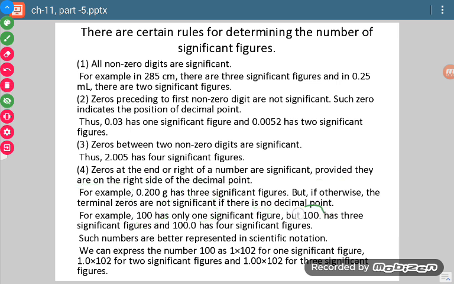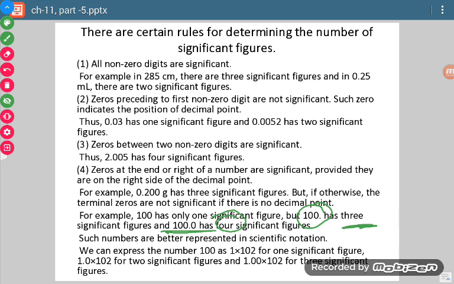Similarly, if I put it like this, 100., then I have placed a decimal. Since the decimal is there, we have to count these zeros as significant figures. So this observation will have 3 significant figures. Now check this one, 100.0. Decimal is there, zeros are on the right, so there are 4 significant figures.